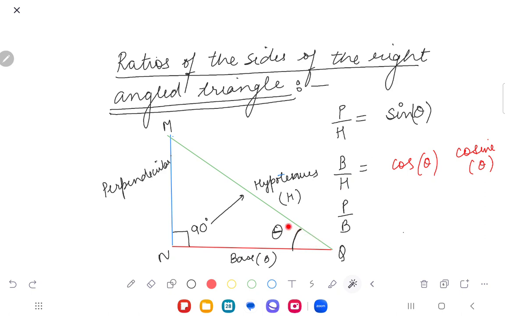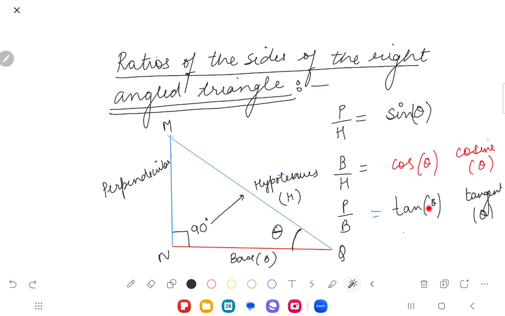And here the angle theta that I'm considering is angle Q. Now understand, this ratio of perpendicular over base shall be called tan theta. The full name is tangent of theta, but for short form we write down tan theta.